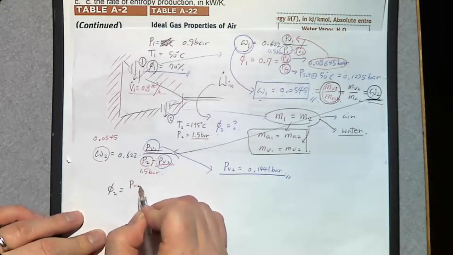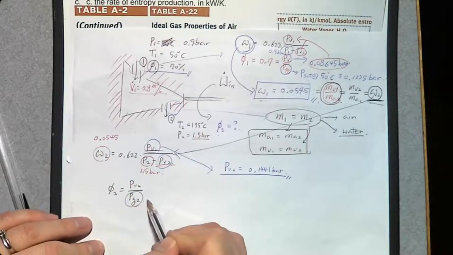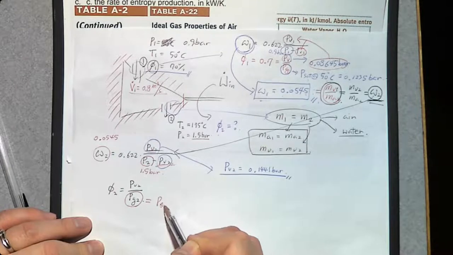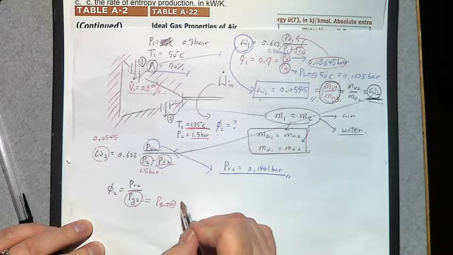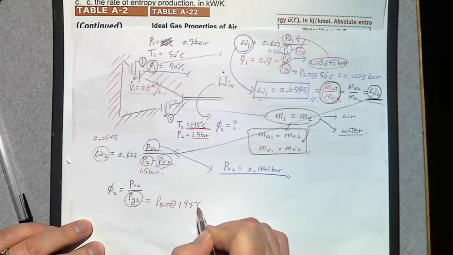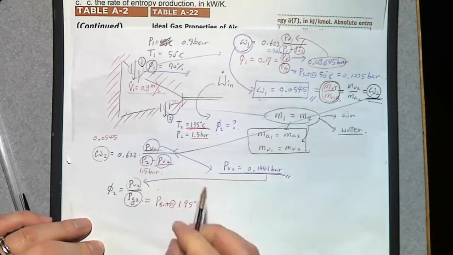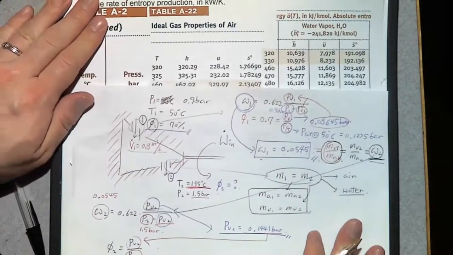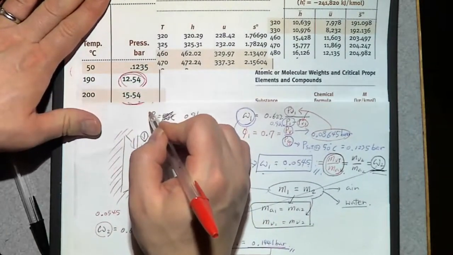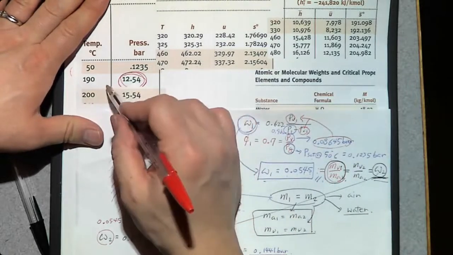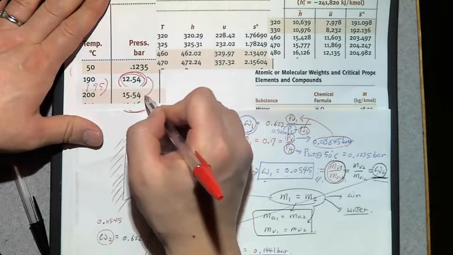If you know PV2, then we can evaluate relative humidity, which is phi 2. Phi 2 is PV2 over PG2. By the way, this PG2 can be evaluated by P sat at the given temperature. What is the temperature? 195 degrees Celsius. And this PV2 is available right here. And P sat at 195 is shown here. We don't have 195, so we can do a linear interpolation between these two numbers.